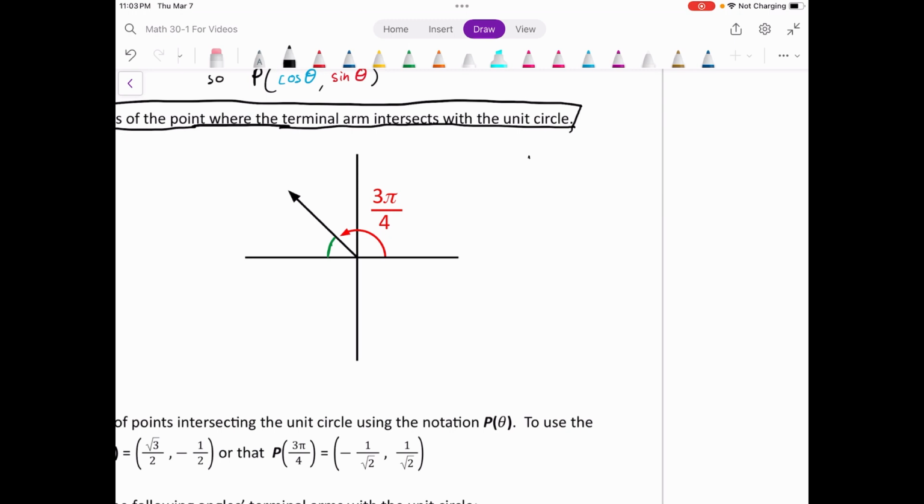Well, again, we've got 0. This is pi, because all the way around would be 2 pi. So if that's 0, that's pi. This is pi over 2, 3 pi over 2. Here's pi, and our angle, theta, is 3/4 of pi. So what's my reference angle here?